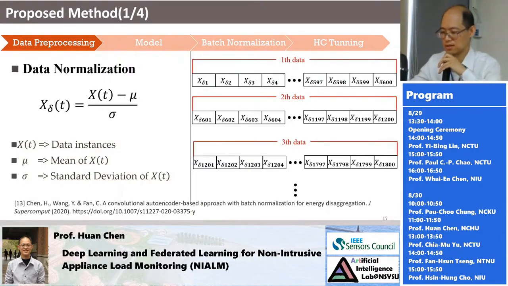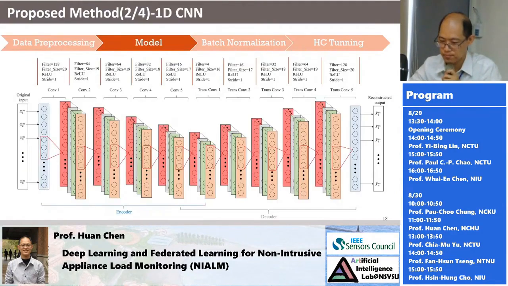This segment and another segment don't overlap, otherwise we'll have too much data to process. So it's a very simple way to segment them into small chunks of 600 data samples.